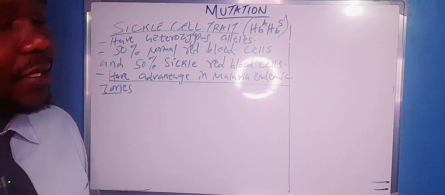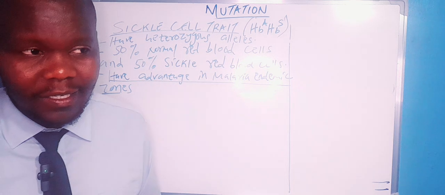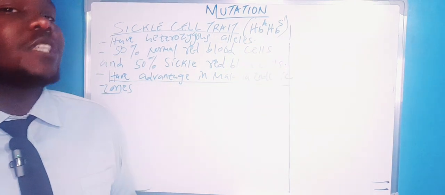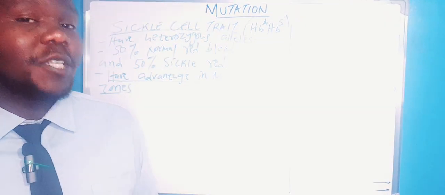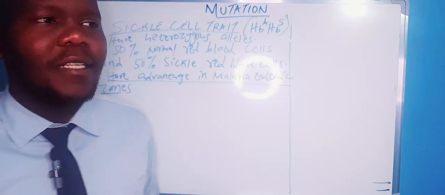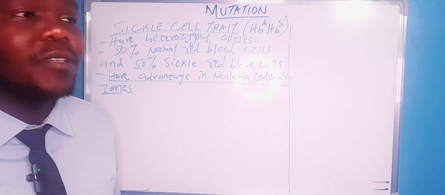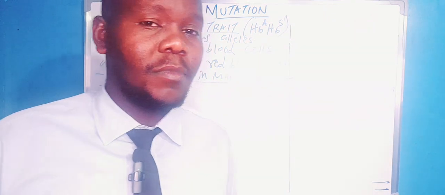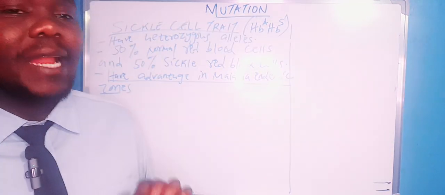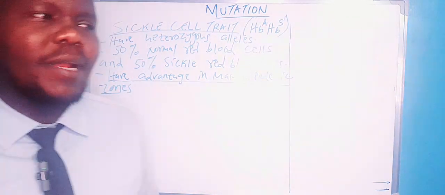So what will be the reason why they can survive in those areas? The main reason is they have normal red blood cells. So those will have an adaptation of supplying enough oxygen to the body tissues of this person. Then half of the red blood cells are crescent shaped, and because of this they are not pliable, hence they cannot squeeze through the narrow lumen of the blood capillaries.